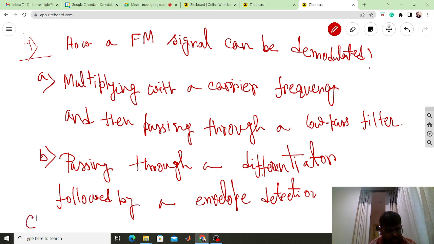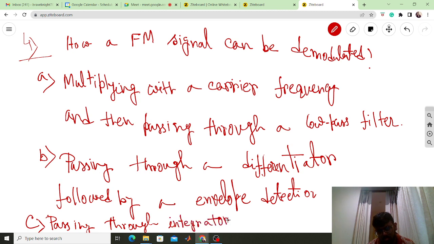Option C is passing through an integrator plus then using envelope detection. Which of the following is true?